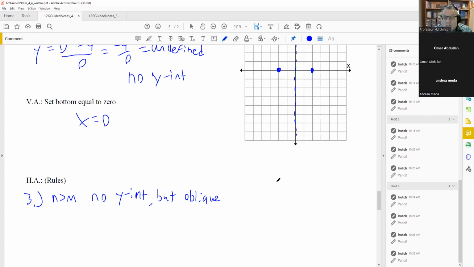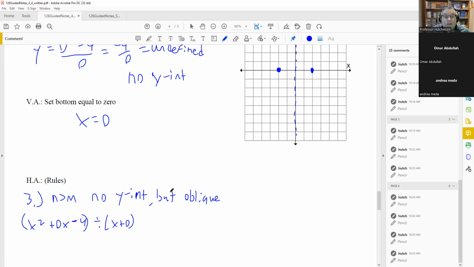In order to find out what the slant actually is, we have to use division. I showed this in the notes with long division, but this is one we can do by synthetic division. I can think of this as x squared plus 0x minus 4, all divided by x plus 0.